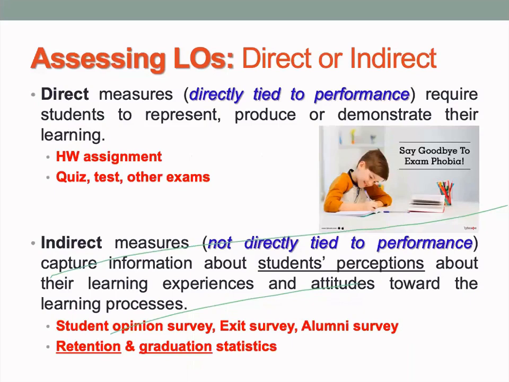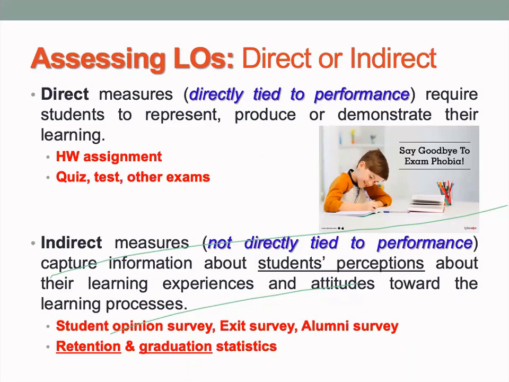Assessing LO, we can divide into two measurements: direct and indirect measurement. Direct measure means it is directly tied to the performance. In this case, we require students to present, show, produce, or demonstrate their learning, their learning performance.